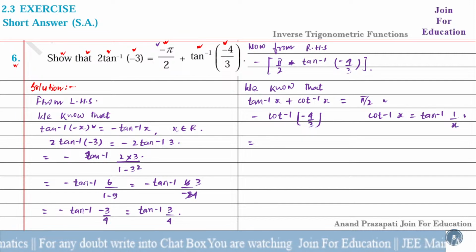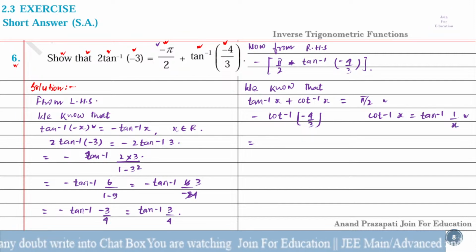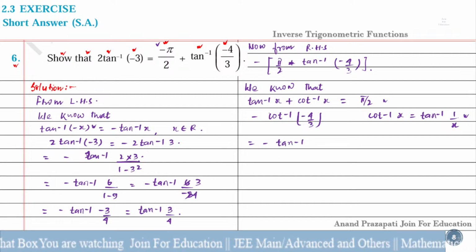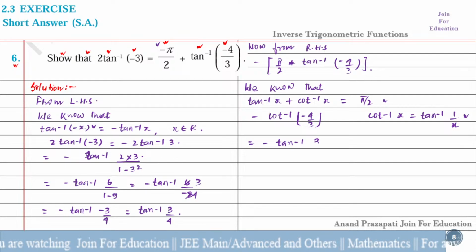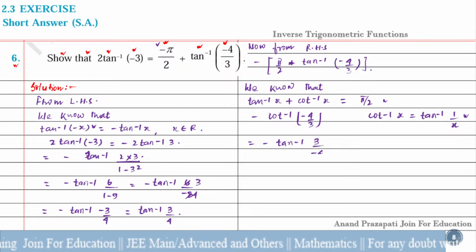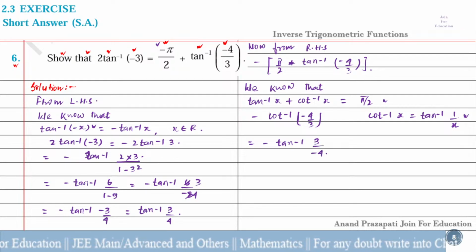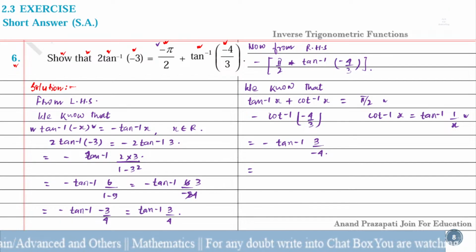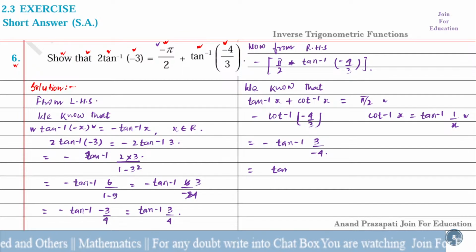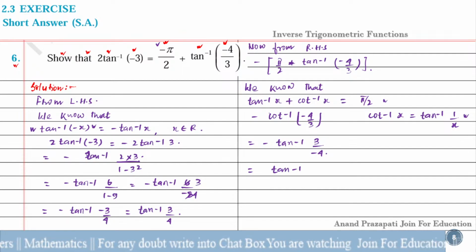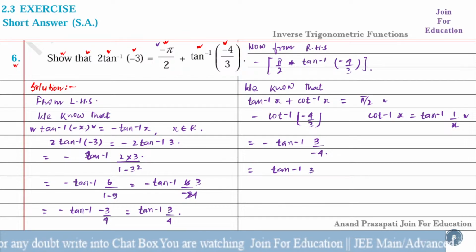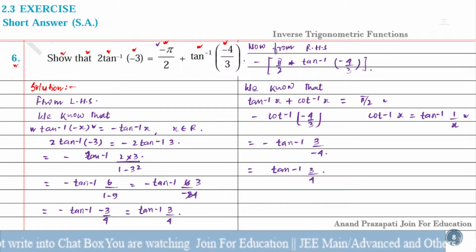So according to this, we write here minus tan inverse 3 by minus 4, which again according to this will be tan inverse 3 by 4.